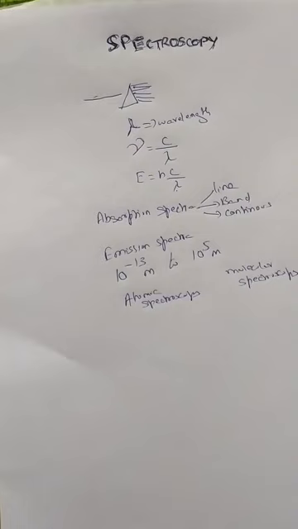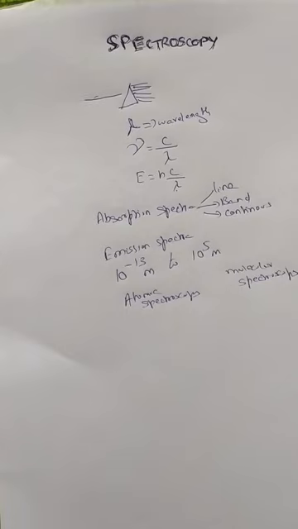In an absorption spectrum, there is a decrease in the intensity of the radiation at the particular wavelength or band that is absorbed, whereas in an emission spectrum there is an increase in emission, meaning light is emitted.